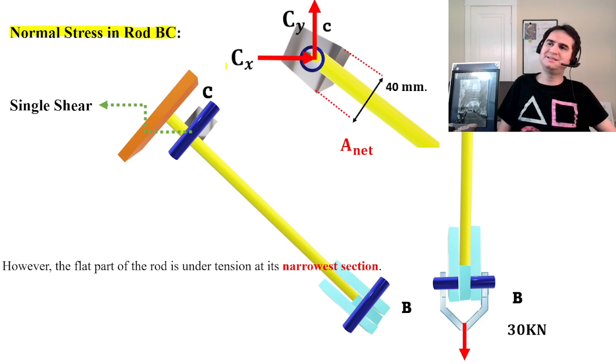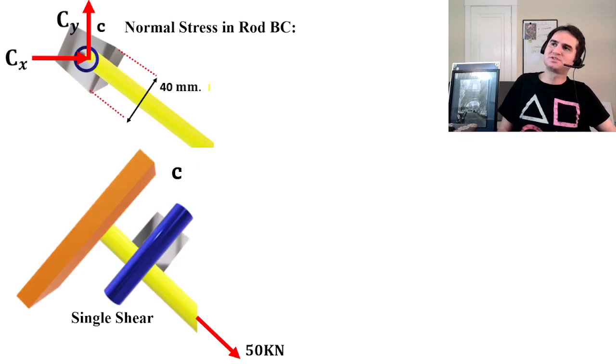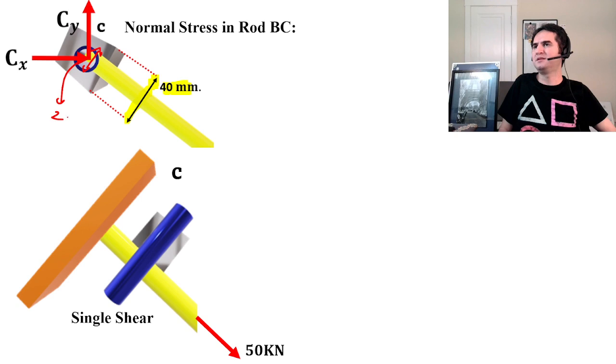Yet, if you have a closer look at rod BC, you can easily see the flat part of the rod is under tension as well, but you do need to go for the narrowest section. That's the concept of a net area. How is that? For example, as you can see here, this distance is 40 millimeters, and the diameter of the pin is, do you remember, 25 millimeters.